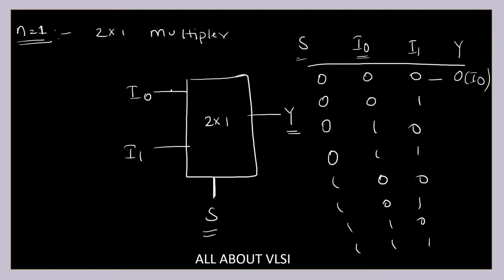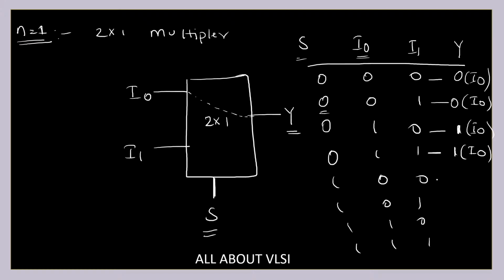Here also, if your select line is 0, again you select I0 to your output, and here also my output will become 1. And here, if your select line is 0, your y will be equal to 1, and here it will be 1 again.